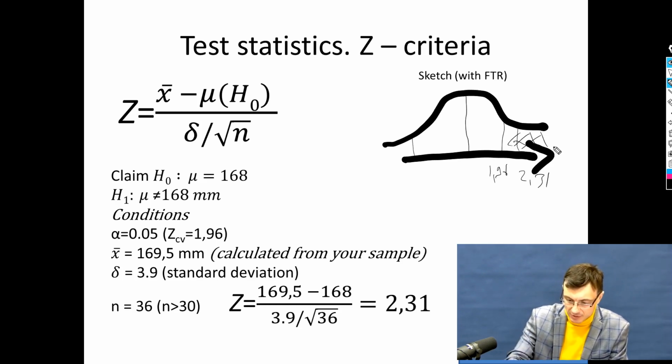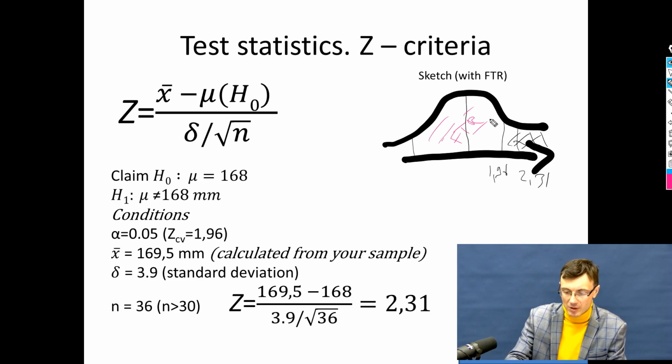So you see, this is the area of FTR. This is the area where we reject our null hypothesis. So by this value we know that it's not true and we reject our null hypothesis.